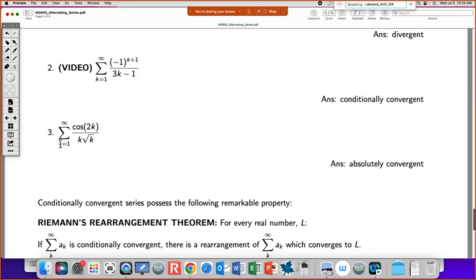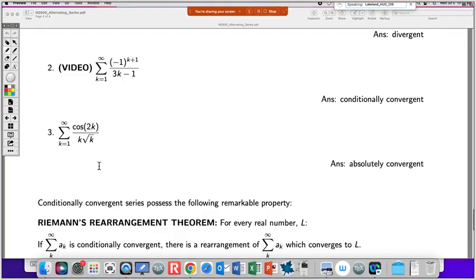The divergence test, the individual terms go to 0 because cosine is trapped between -1 and 1 and the denominator is blowing up. Divergence test will fail. The other tests require positive series terms. Alternating series requires terms that alternate. This one doesn't. So the absolute convergence test is the only hope we have for this.